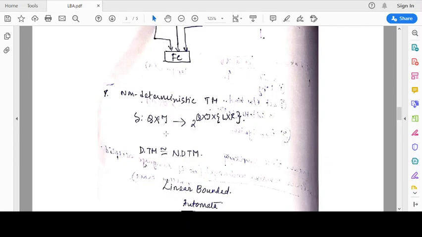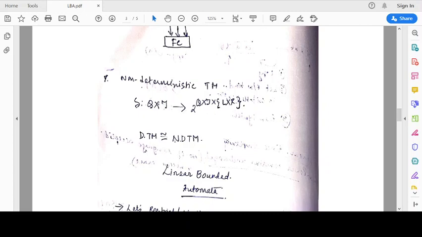Okay, now again, students, comparing the power of a deterministic Turing machine and a non-deterministic Turing machine, we can say that both of them are equally powerful. As we have seen for deterministic finite automata and non-deterministic finite automata also, they can accept the same set of strings. There is no string which cannot be accepted by a deterministic finite automaton but is accepted by a non-deterministic finite automaton.